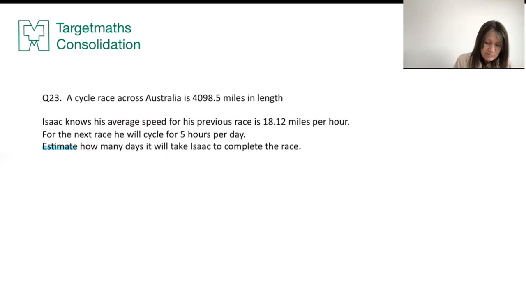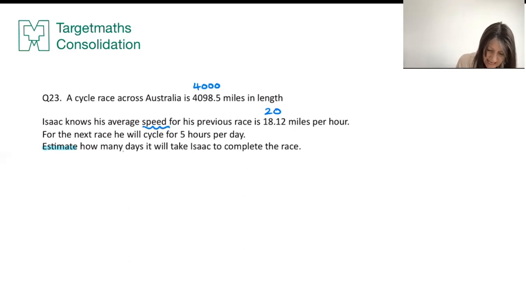So let's round. We've got 4,000 here, and we're going to round to 20. We don't want to round to 18. 18 is not an easy number for us to work with, even though it's tempting to round to that. We're talking about speed, and we've got distance.